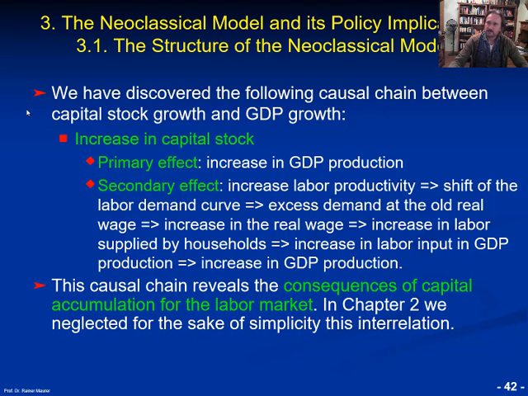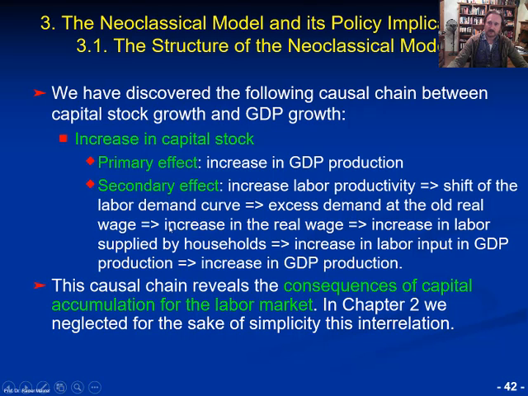We have now discovered the following causal chain between capital stock growth and GDP growth. An increase in the capital stock causes first a primary effect, an immediate increase in GDP production, and then a secondary effect, an increase of labor productivity, which shifts the labor demand curve upward, such that there is excess demand at the old wage rate.